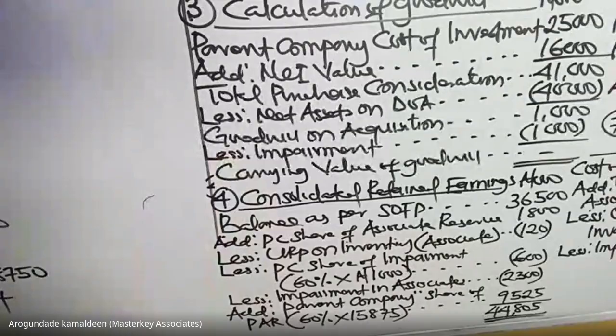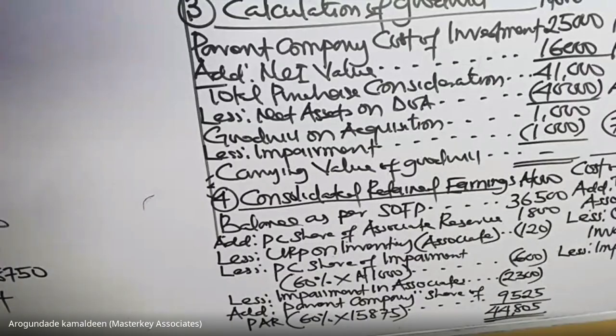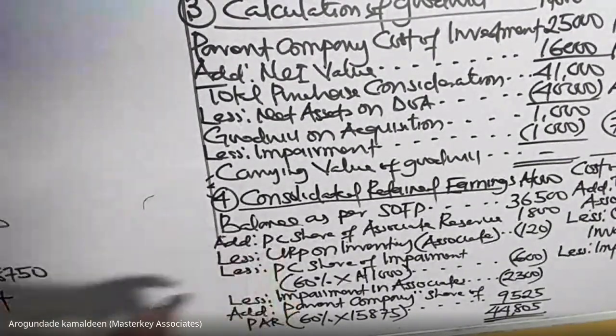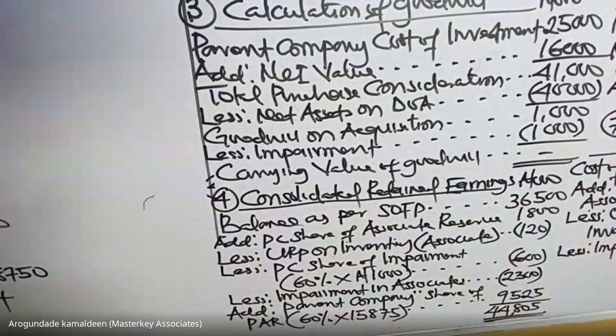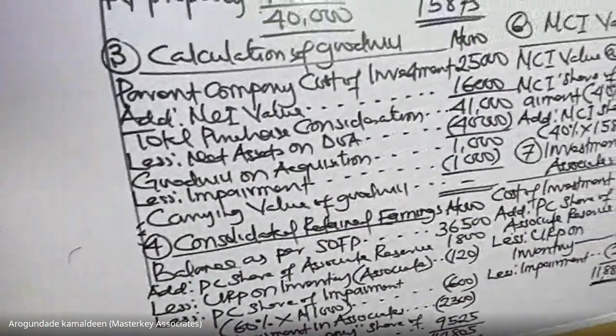Hope I'm correct now. Okay, so class, we are done. So let's go now and close the account. Remember, you are going to reach this one to the account, the NCI and the investment in associate.